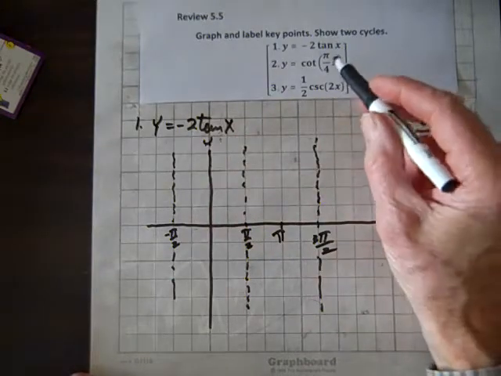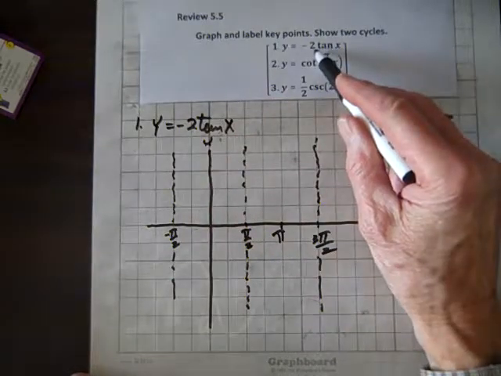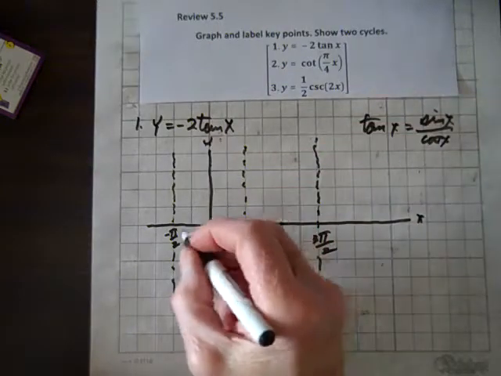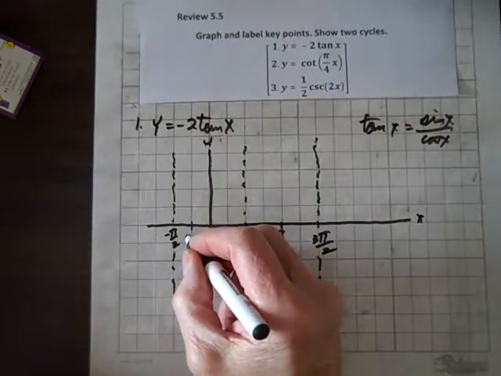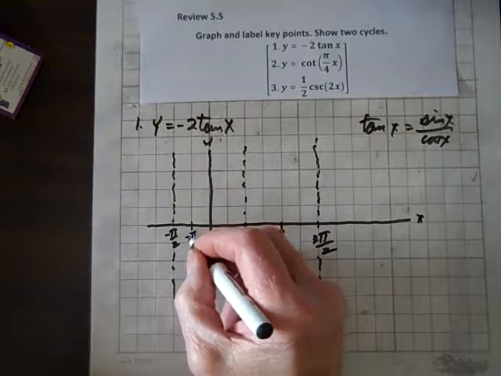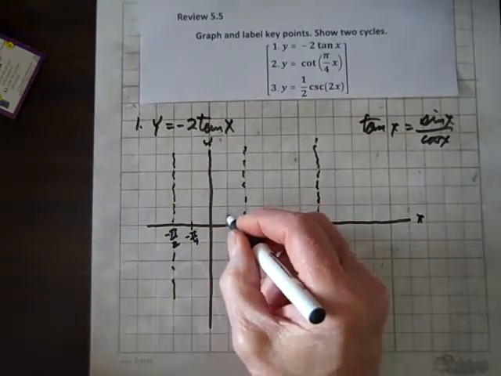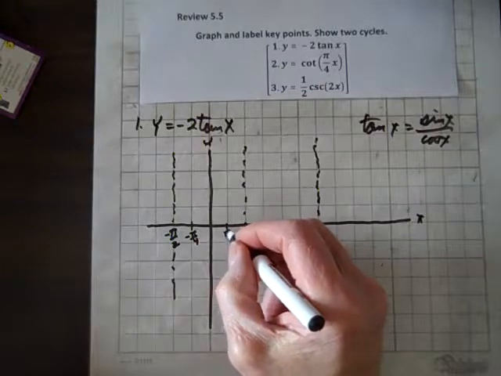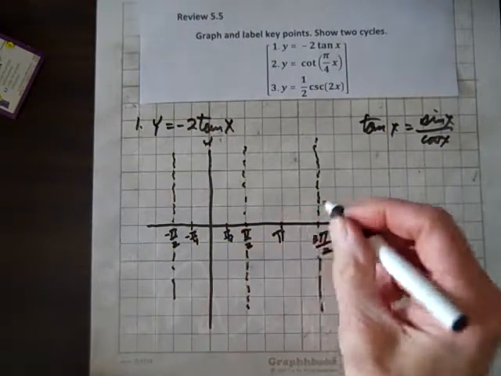Also, how do we deal with the 2? Well, let's consider the point negative pi over 4 and pi over 4.